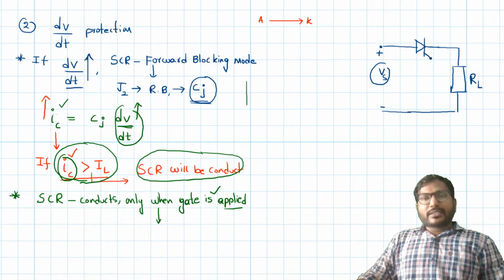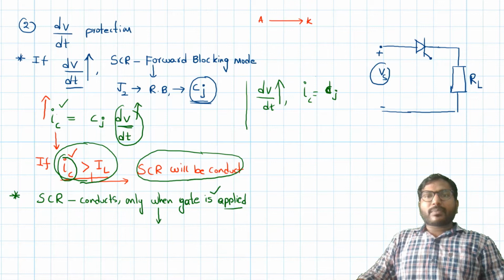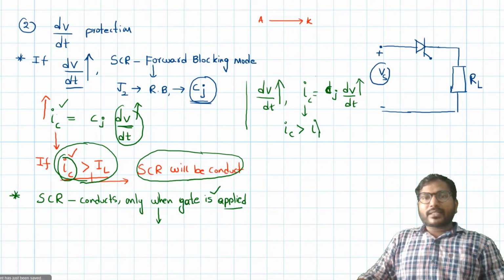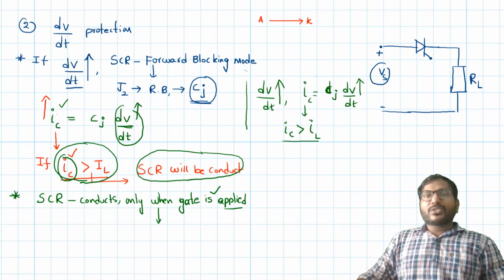Due to high dV/dt, the charging current Ic equals Cj, the junction capacitance, times dV/dt. This Ic exists due to high dV/dt, and Ic is more than the latching current. So this Ic now acts as a gate current, and the conduction current is more than the latching current.